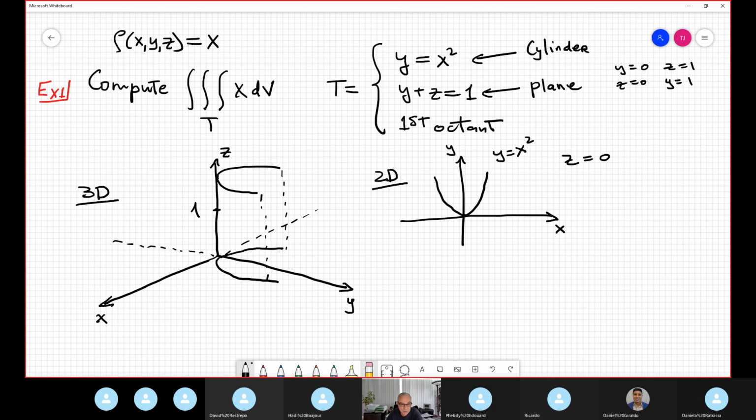Okay, we have one intercept here, down. Now, you connect this and this, 1, 1. And this plane travels parallel to the x-axis, something like that.